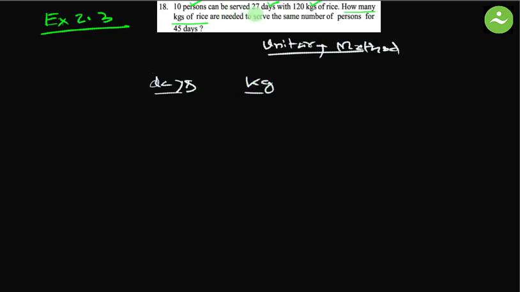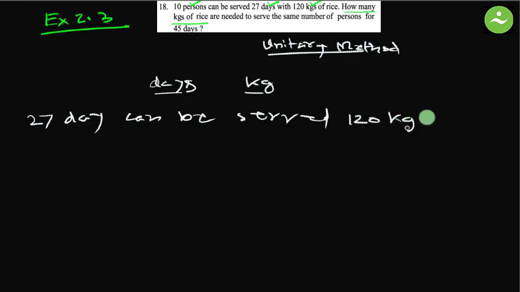We will write for 27 days can be served how many kgs? 120 kgs rice. Because we are doing unitary method, in unitary method we always find out unit value.